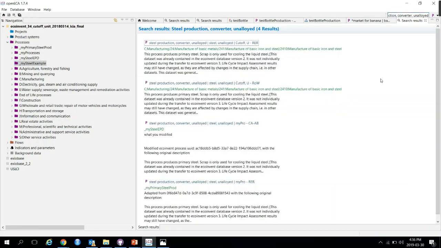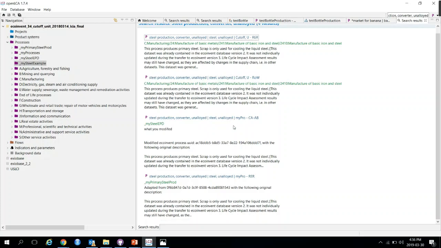And I enter that in. Okay, so here are my options. We have a few options, different regions. And what do you know? Oh, sorry, this is the one I created earlier, so we're not going to start with that one. Let's start with the rest of world one. There's not a lot to choose from here in the ecoinvent database, so we're going to start with just this rest of world.